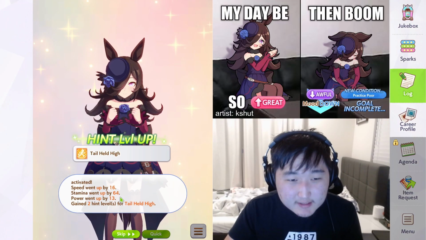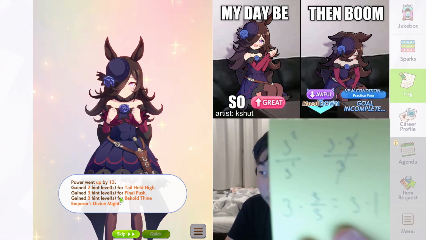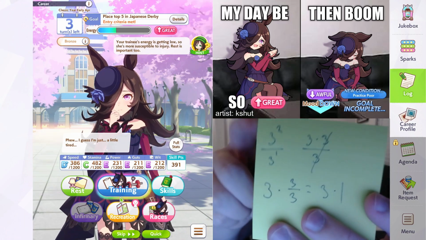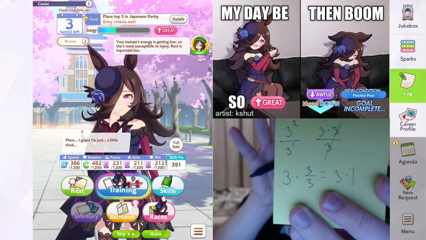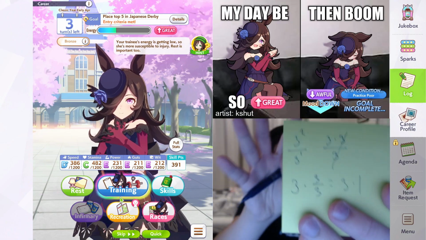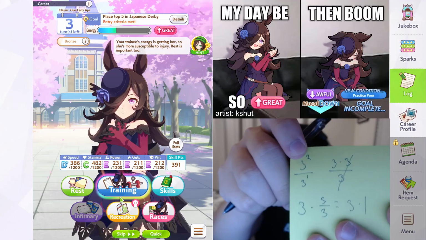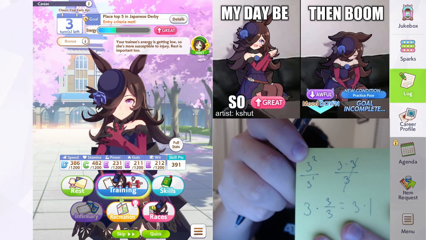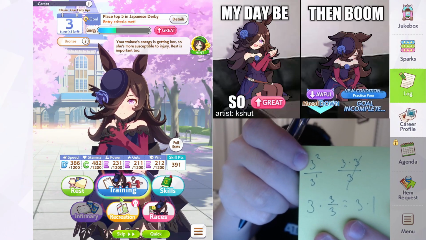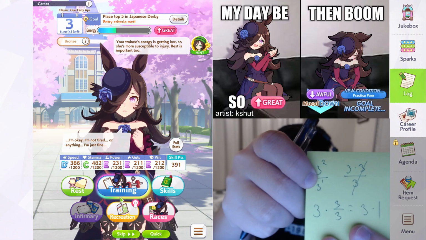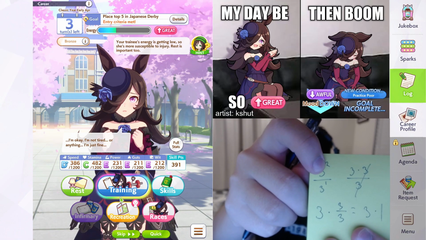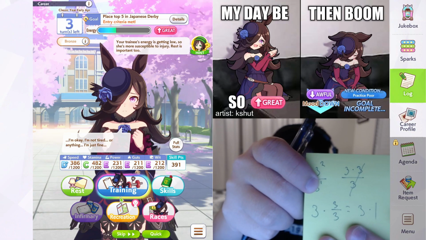Now, the reason why this makes sense is because of 3 to the second power, right? The law that's derived from this logic is that whenever you have a power with the same base, as in the 3, the base number, to different powers, and they're dividing each other, you take the top exponent and you subtract the bottom exponent.